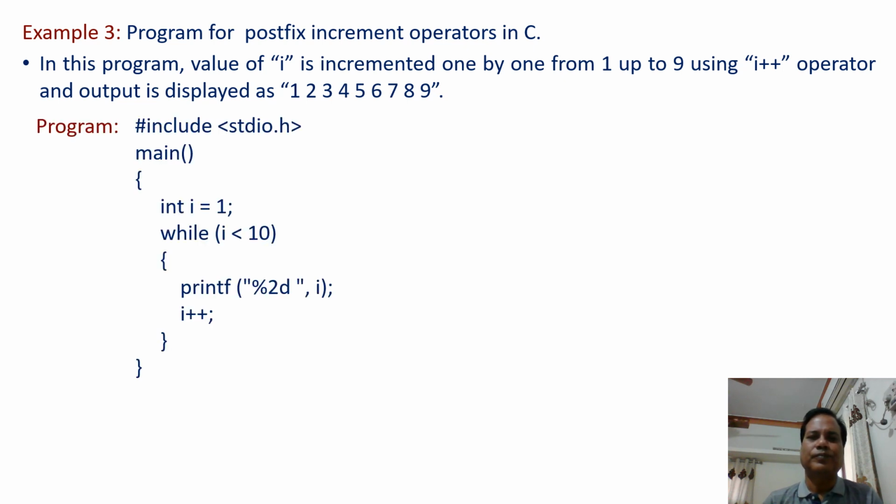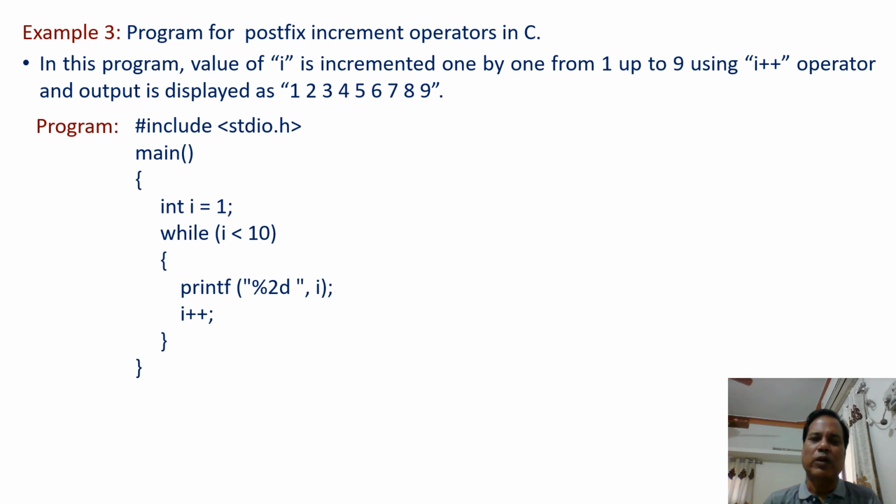Now, in this program, int i = 1; using this statement, the integer variable i is declared and initialized to a value of 1. Then in the while loop, the expression is i < 10. So the present value of i is 1. 1 is less than 10. The condition is true. So the body of the while loop will be executed.